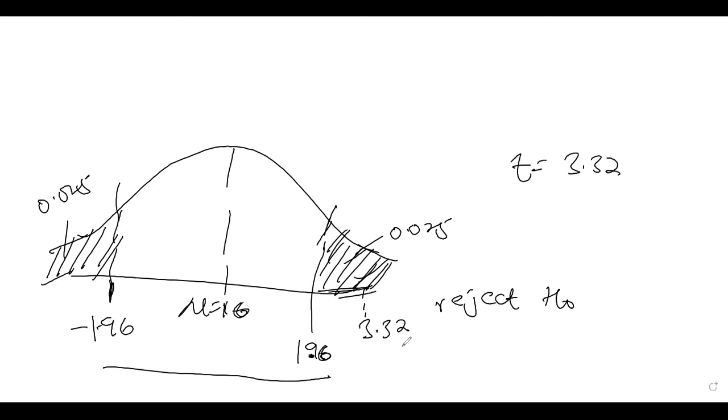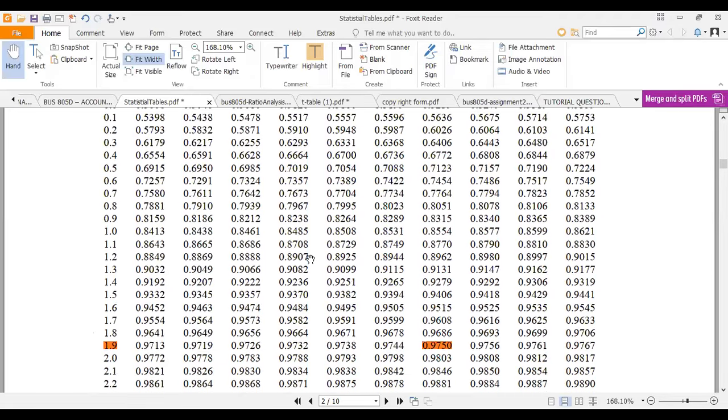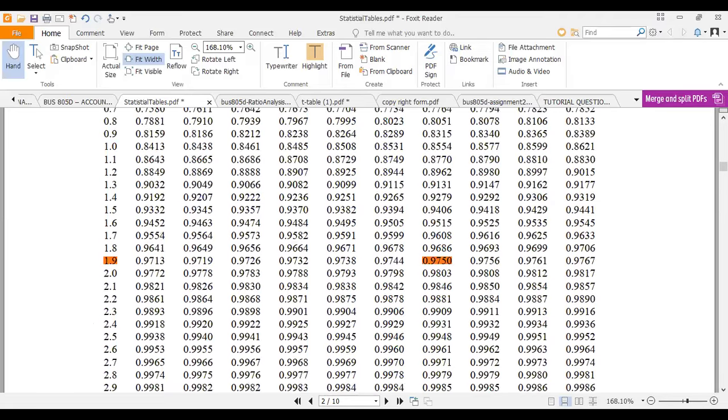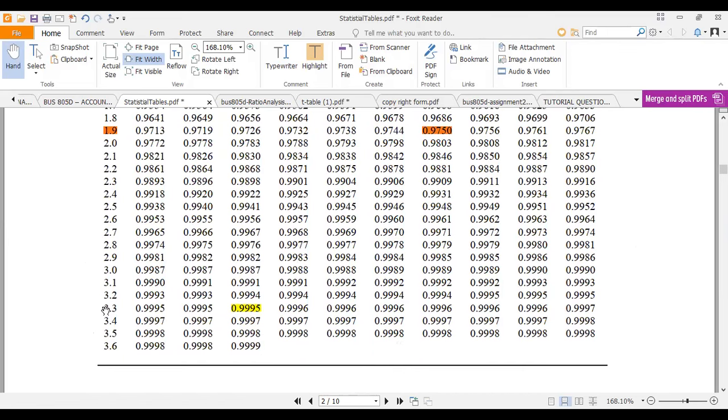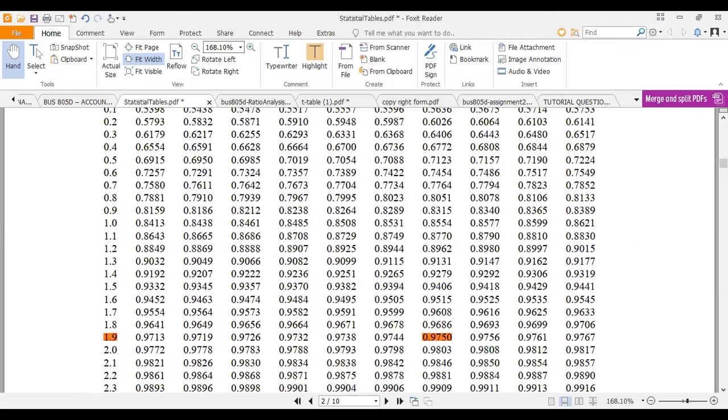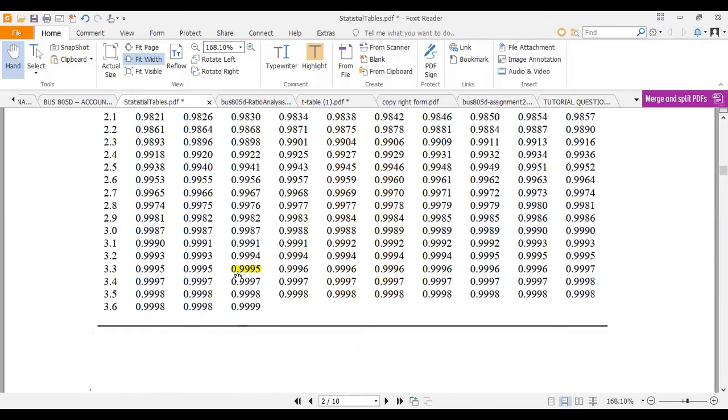Now, using p values will require that we go and read the z value of 3.32 from a table. So this is our z table. 3.32 means 3.3 here and 0.02 here. So 3.32 is 0.9995, as I said earlier, all right?